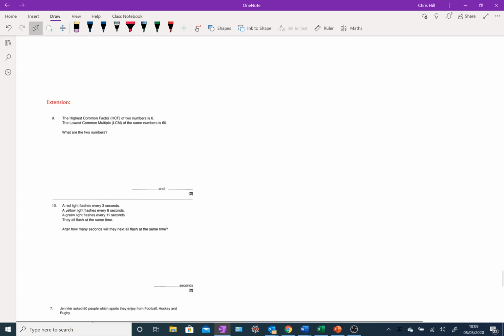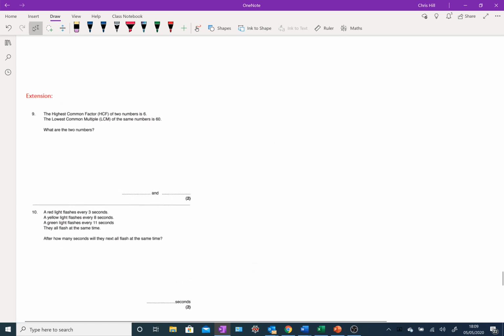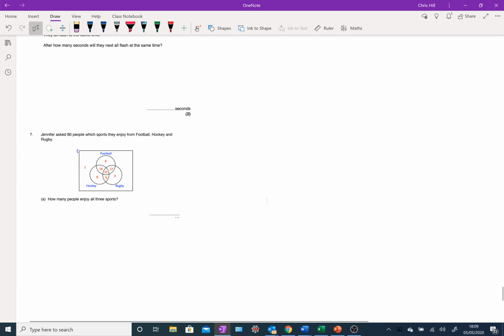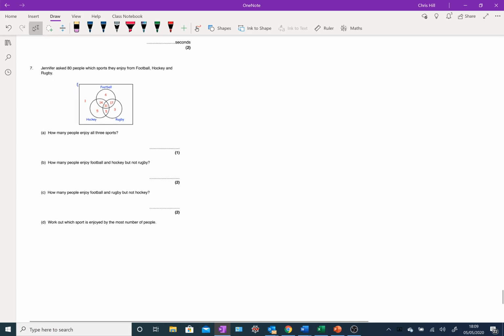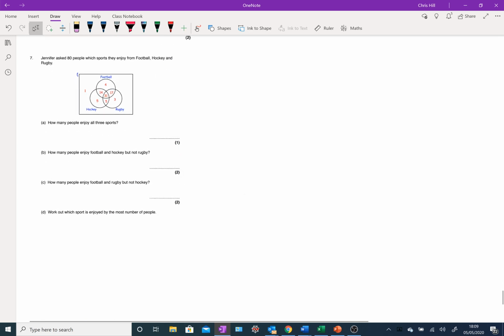Here are the first 2. Work on those. And then there's another one here. If you do get onto those, I will post the solutions to those onto OneNote. So you'll need to go to OneNote to find the solutions.